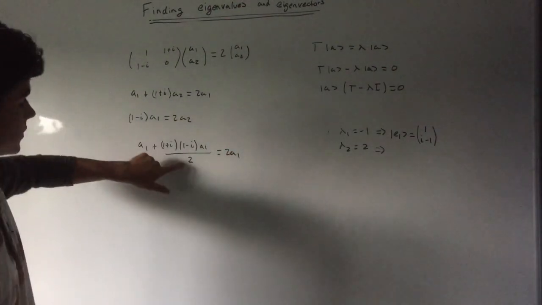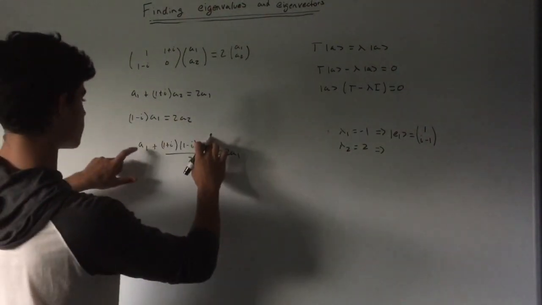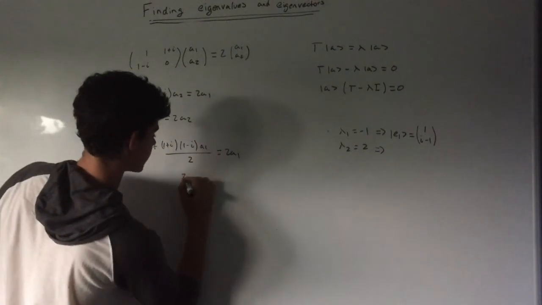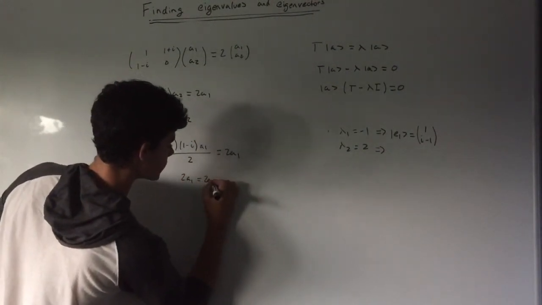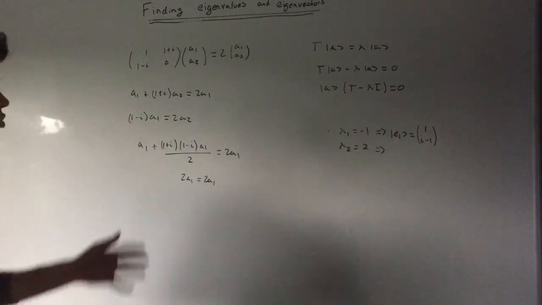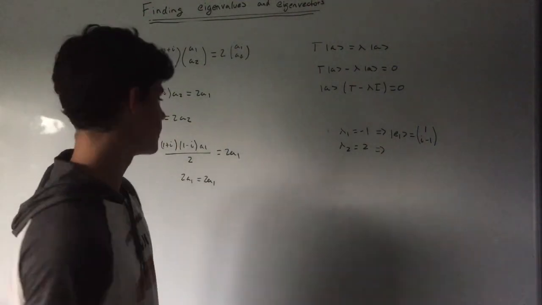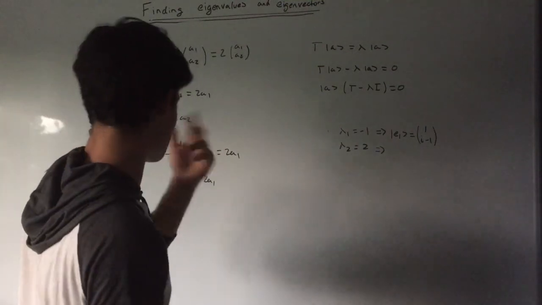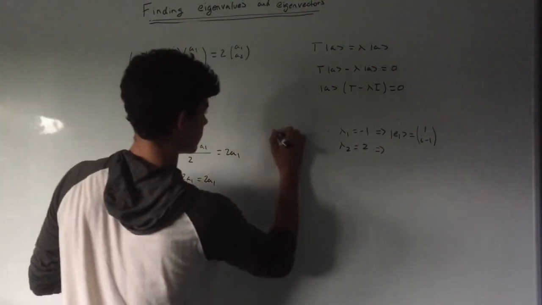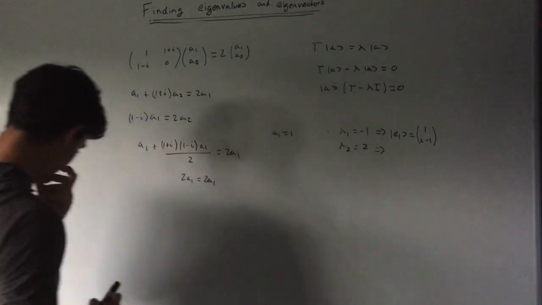The 2s cancel out. A1 plus A1 is equal to 2A1, so 2A1 is equal to 2A1. As we said before, we'll just simplify this down, because we could say it's 1000, but it's not going to get us anywhere. It will just be scaled by a certain amount. So we'll just say A1 is equal to 1.